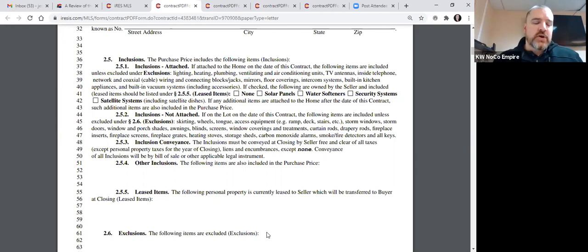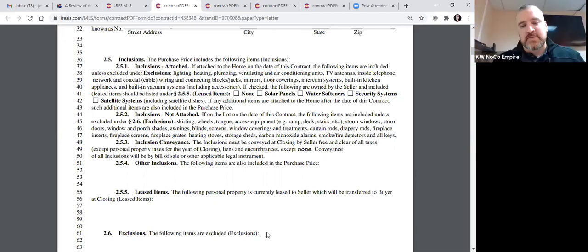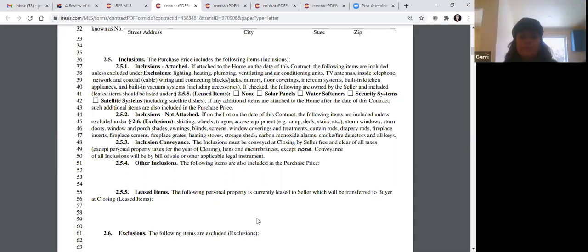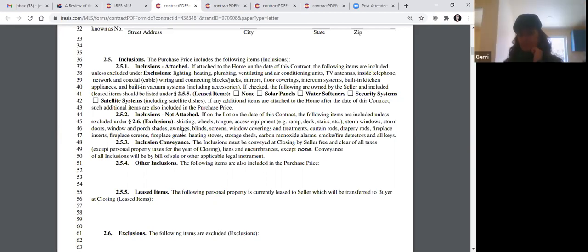Or you could put it in the storage facilities section and say that it is included, however the storage shed itself is owned by the park and not by the seller. Per the contract, it is standardly conveyed with the property, but not in this case, so you have to be aware of that.